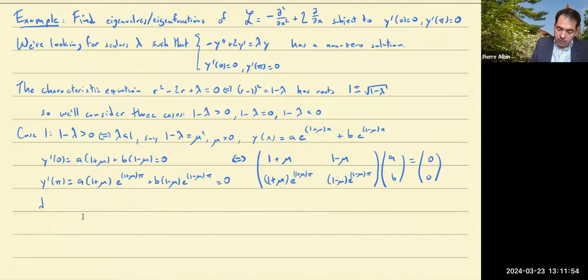And here we know that if the determinant is non-zero, then there's a unique solution. The determinant here is (1 minus mu squared) times (e to the (1 minus mu) times pi minus e to the (1 plus mu) times pi).